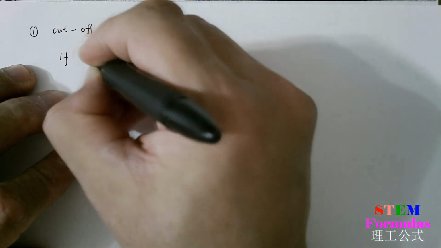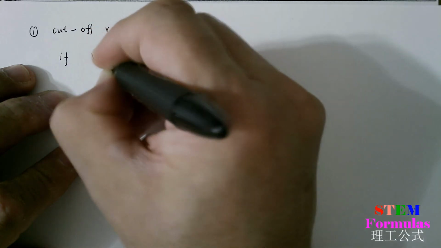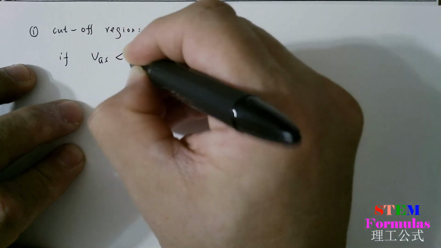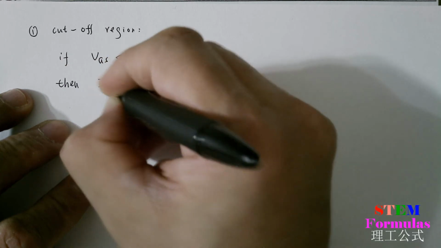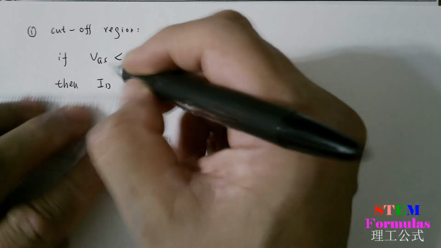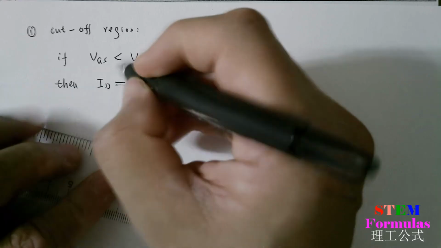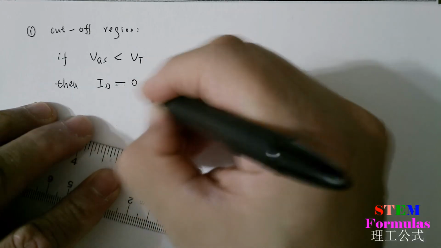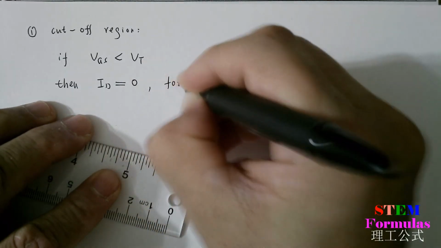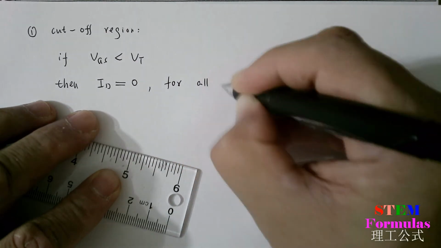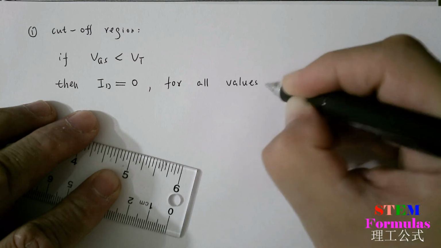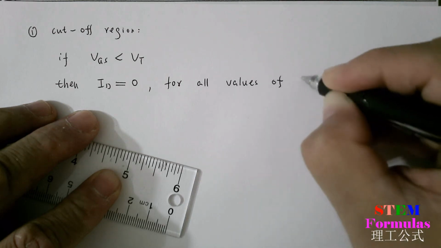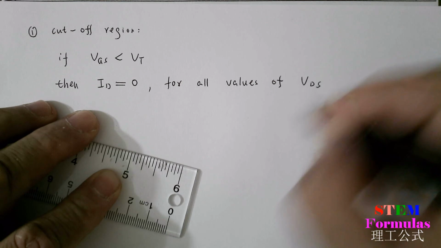If VGS smaller than VT, then ID equal 0 for all values of VDS.